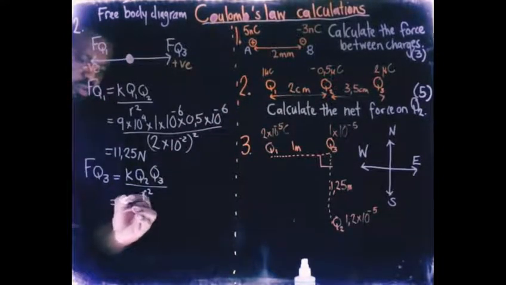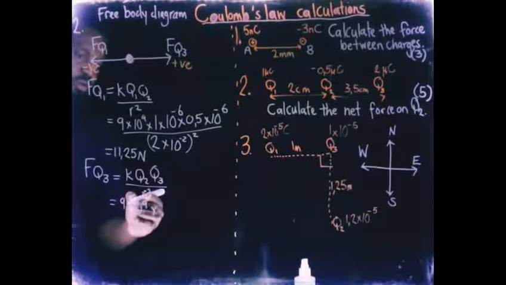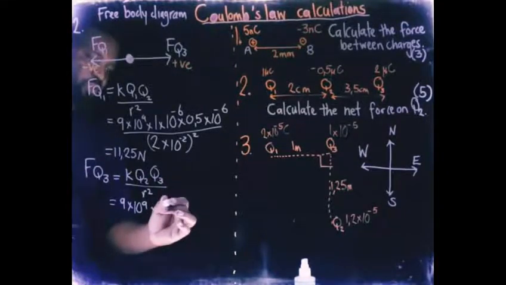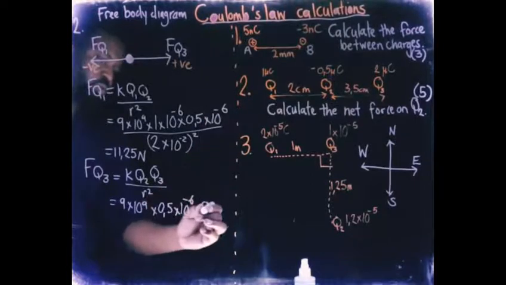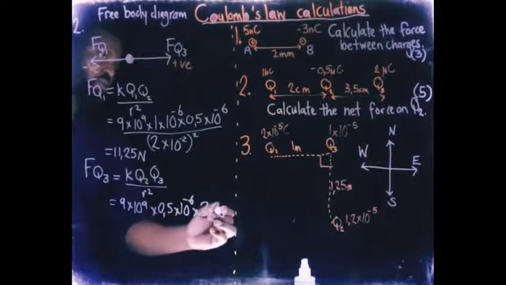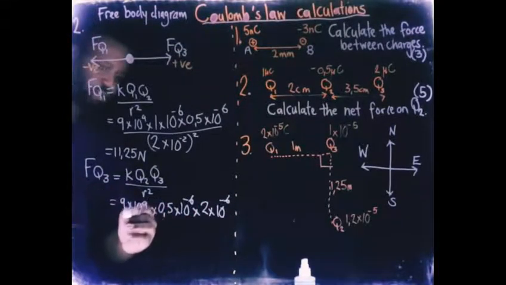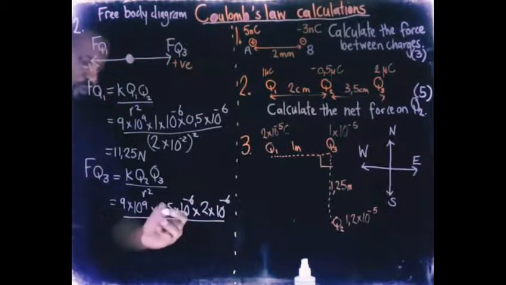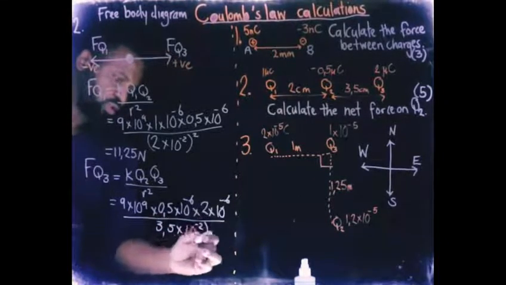The K is 9 times 10 to the power of 9, times Q2, 0.5 times 10 to the minus 6, times 2 times 10 to the minus 6. All of that, the distance between the two is 3.5 centimeters. Divide by 100 or times 10 to the minus 2. It's the same thing.